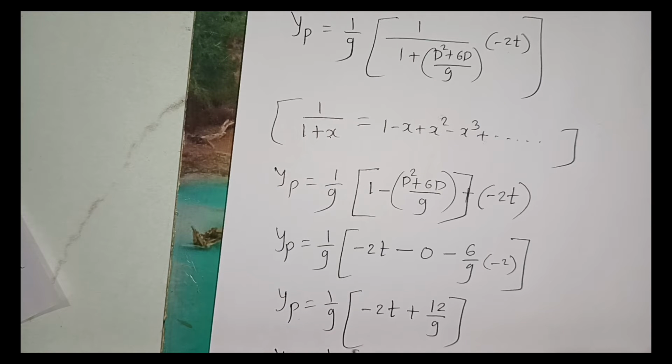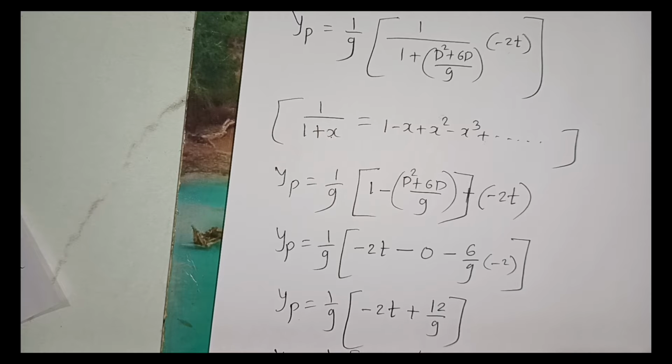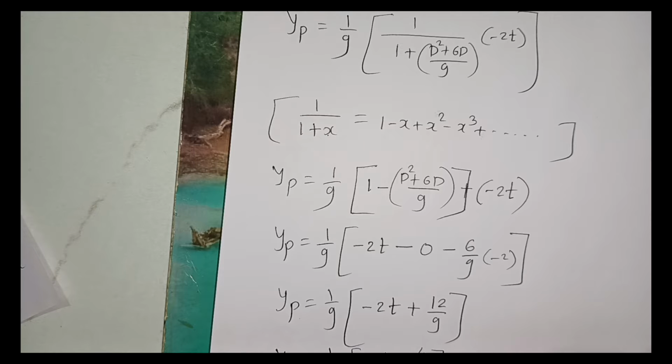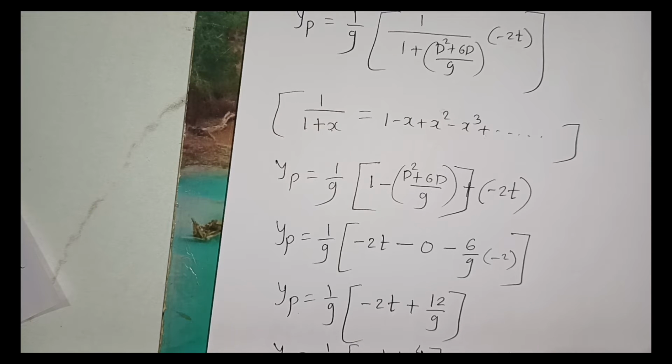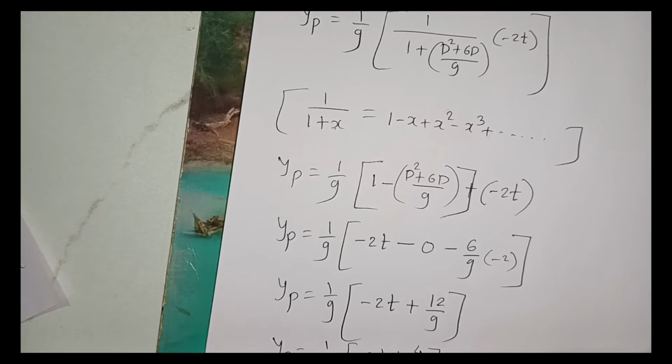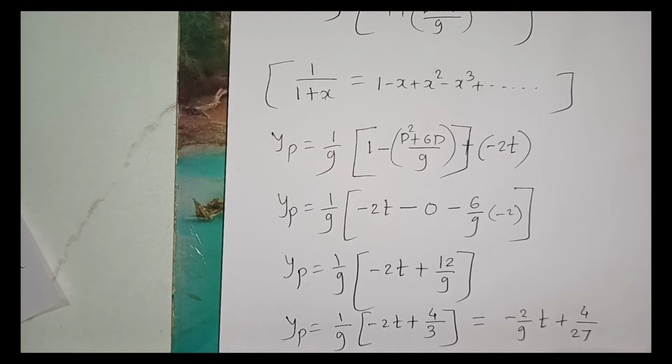So 1 by 9 times (minus 2t plus 4 by 3). Again you can simplify it, multiply the 1 by 9 inside. So it is minus 2 by 9 t plus 4 by 27. That is your final yp.